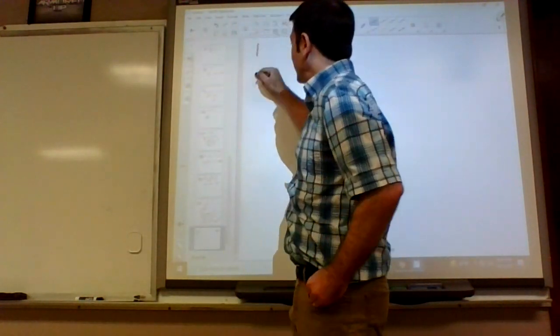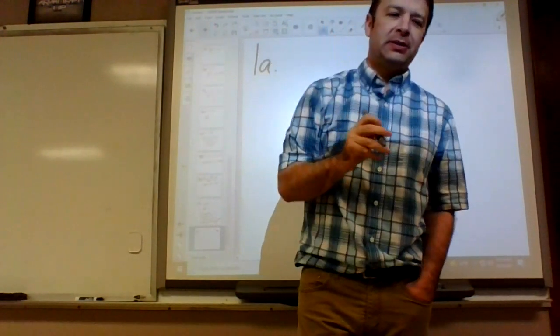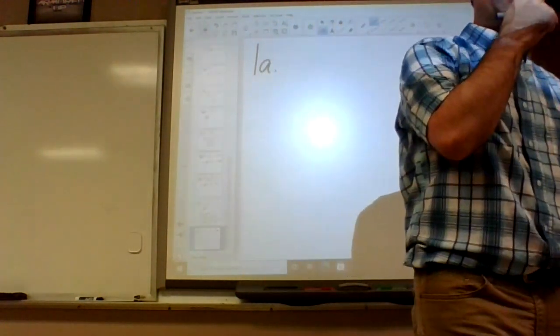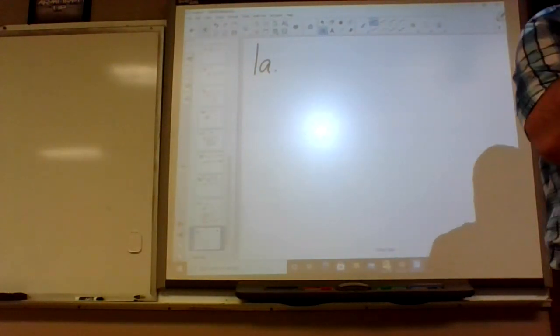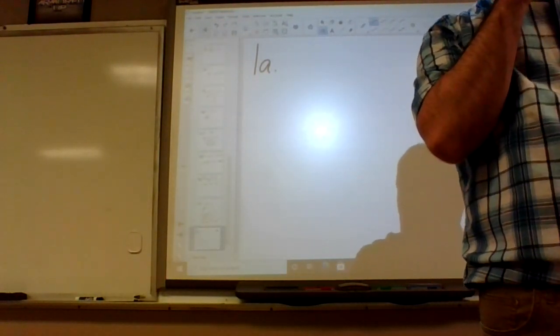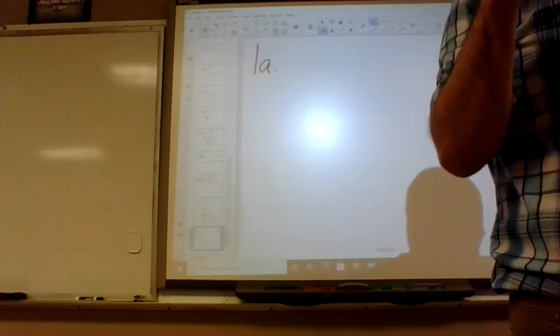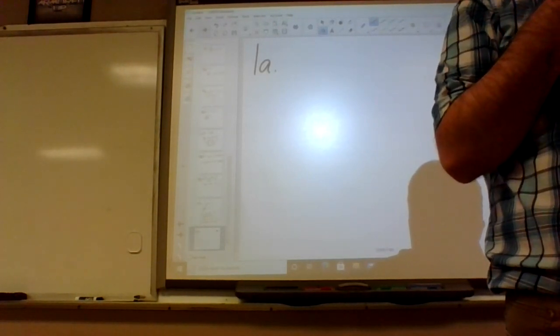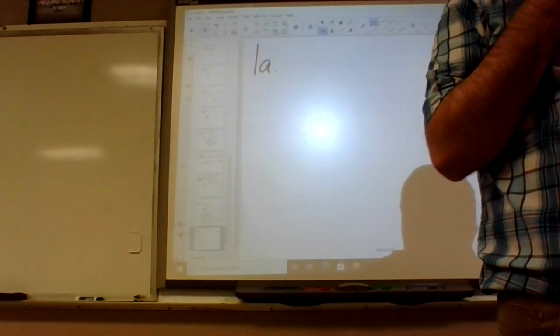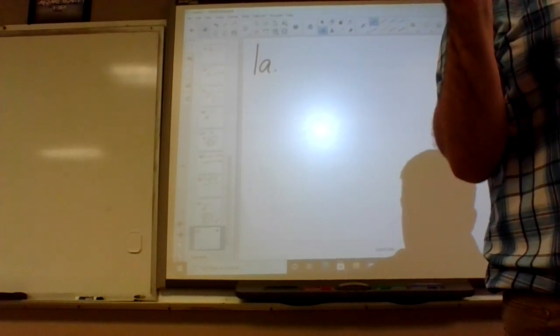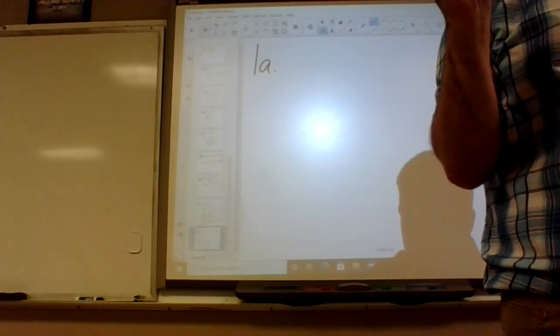All right, 1A. Corresponding. Dylan. Let's say angle 1. What angle corresponds to angle 1 in that picture? So corresponding means matching.